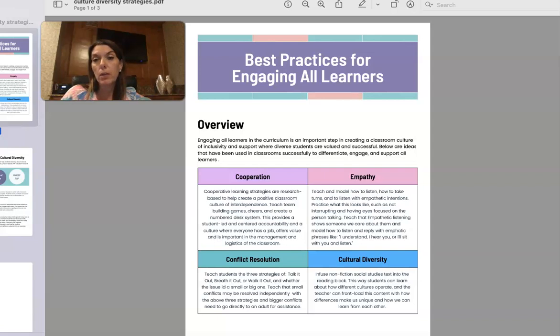Between those two things, we are able to come up with an overview of some strategies to help teachers engage all learners. So the first thing is cooperation. Using interdependence and cooperative learning strategies helps those rules, routines, and procedures become commonplace.